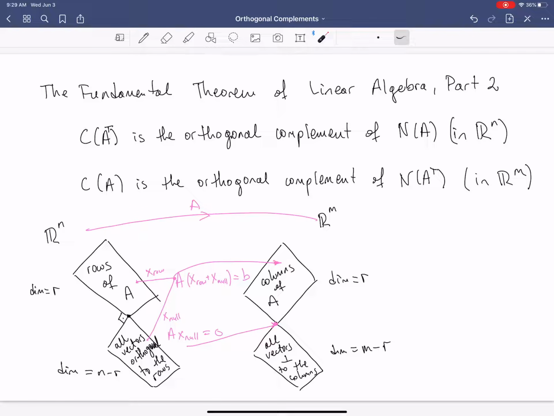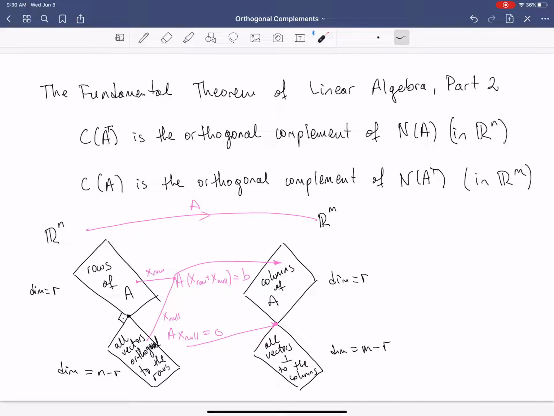So if I take a basis for the row space and I multiply A by those rows, I'm going to completely get a basis for the column space of A. I'm going to describe the column space completely. And I cannot describe the left null space from A, but I can describe it as the space consisting of all vectors which are orthogonal to the columns of A. And we know how to find a basis for that space.